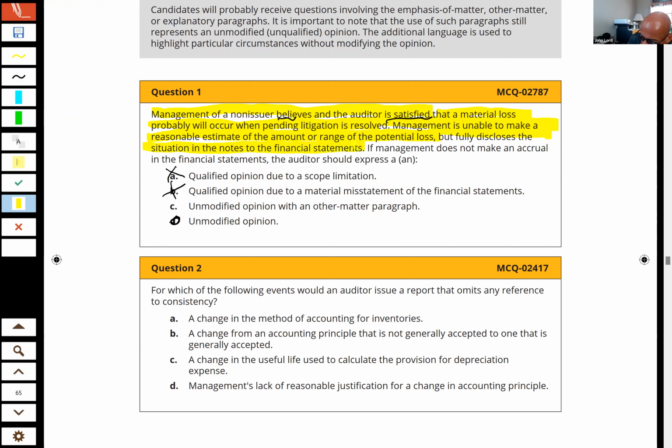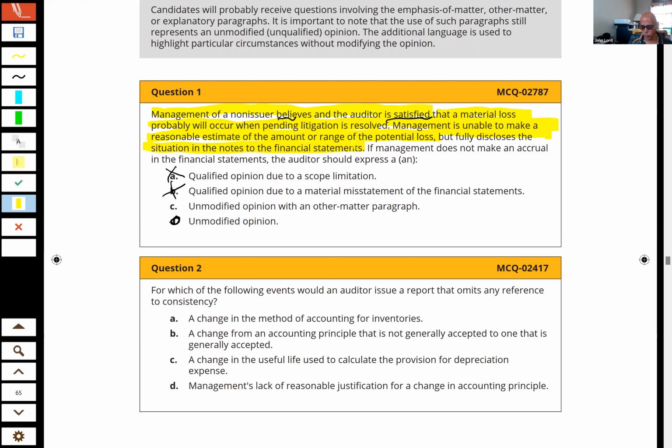Well, what else are they going to do? Okay, so management can't make the accrual. They can't even come up with a range, let alone make the accrual. The accrual would be that they think it's probable, and they have the ability to come up with an exact amount. Then they would make an accrual. They can't even come up with a range to be able to make an accrual.